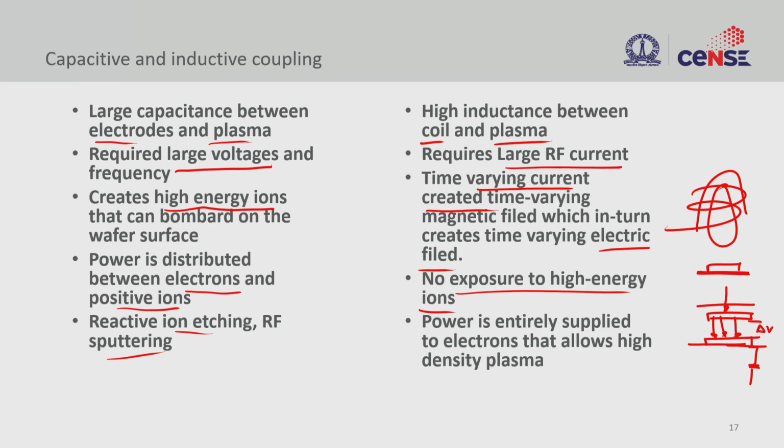Power, as I mentioned earlier, is entirely supplied to electrons, which allows you to generate high density plasma. Without supplying high energy to electrons, it is impossible to generate very efficient plasma with very high density, and at the same time not affect your wafer.